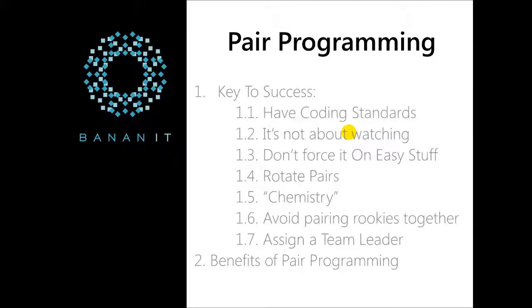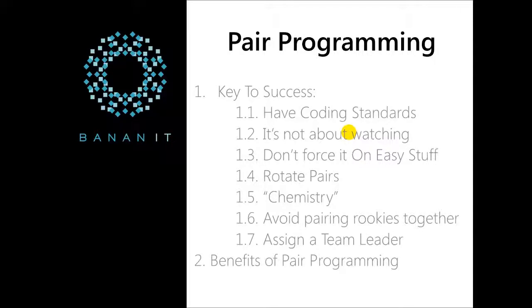Pair programming has keys to success, things you have to do in order to have efficient and meaningful pair programming. The first key is that you need to support pair programming with coding standards.